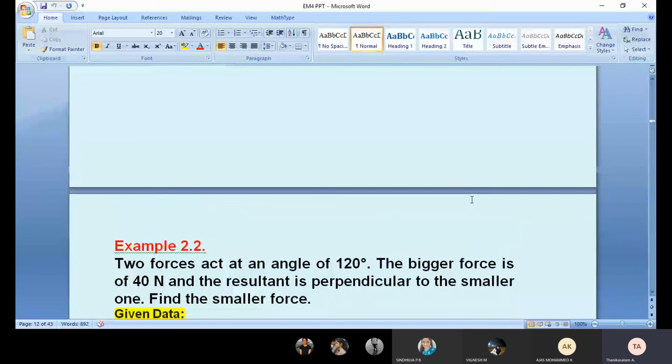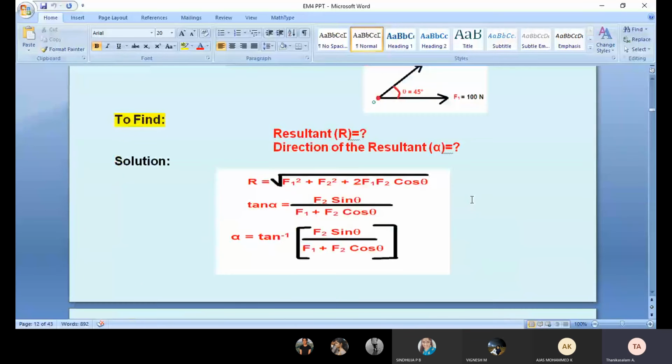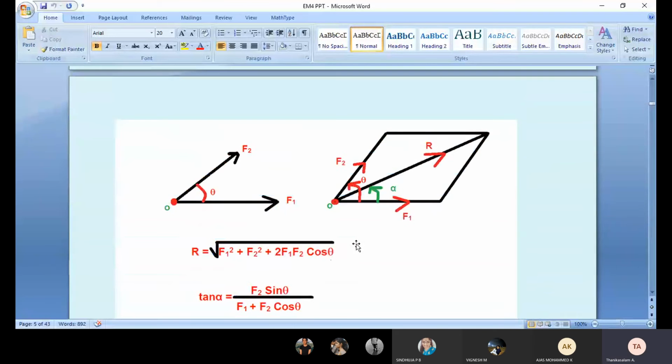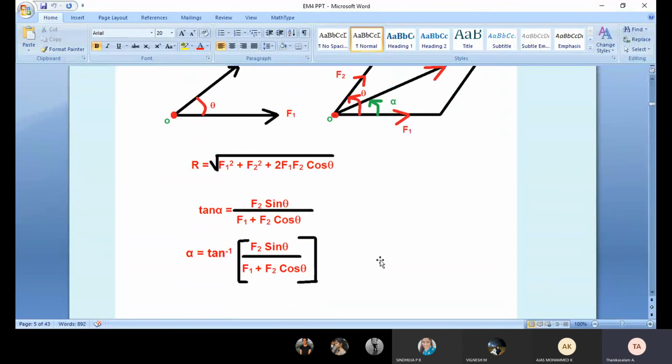Then we started these problems: only 2 forces acting, with the angle given, so we applied the parallelogram law. What we discussed was the parallelogram and resolution of forces. Then we solved parallelogram problem types and the method of resolution types, that is R equals square root of summation of H squared plus summation of V squared.